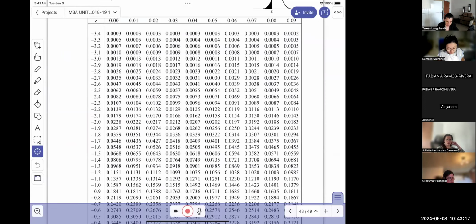Be careful with the decimal places. Negative 1.09 is all the way over here. Did I miss it? Negative 1.09 there. 1397. 1397. Now what do I do?